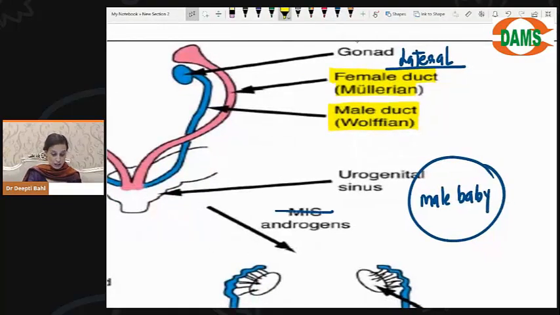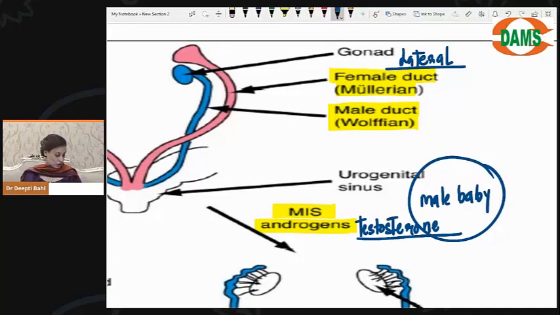One is called MIS and the other is androgen. Which androgen are we talking about here? Testosterone. So the male baby is going to release two very important hormones, MIS and testosterone.